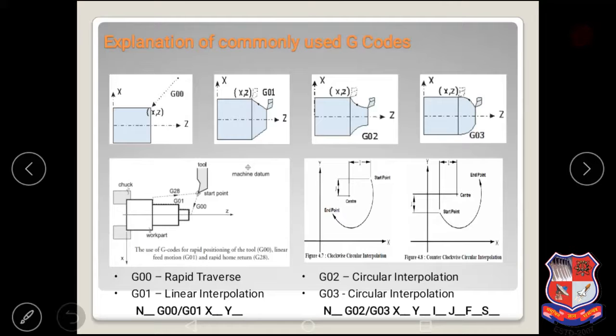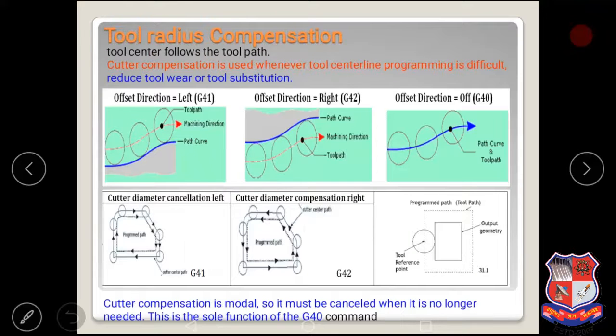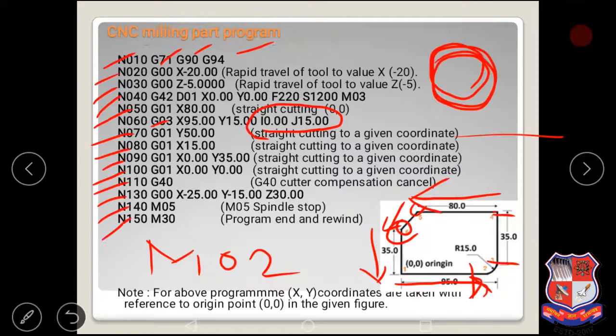And then we also discussed the programming modes, that is G90 absolute mode and incremental mode. And then we also discussed the tool radius compensation, and by using that compensation we prepared a number of workpieces.